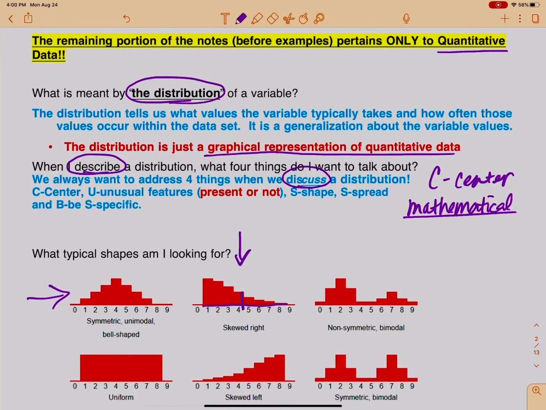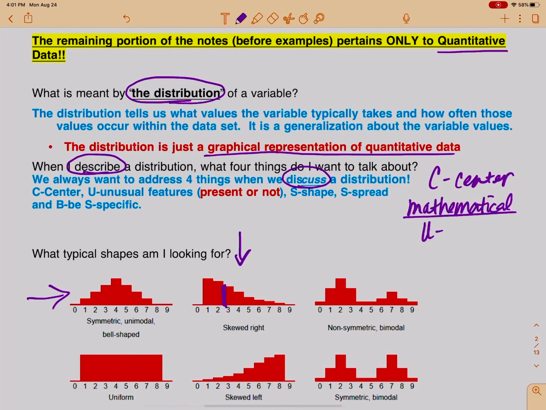The actual center of the data is a numerical value, and it's going to be closer to where the majority of the data are grouped up. So the center is actually closer to there than it is right in the middle of the physical graph. And this will make more sense as we go through our histogram examples. So when we talk about center, we're talking about a mathematical measure.